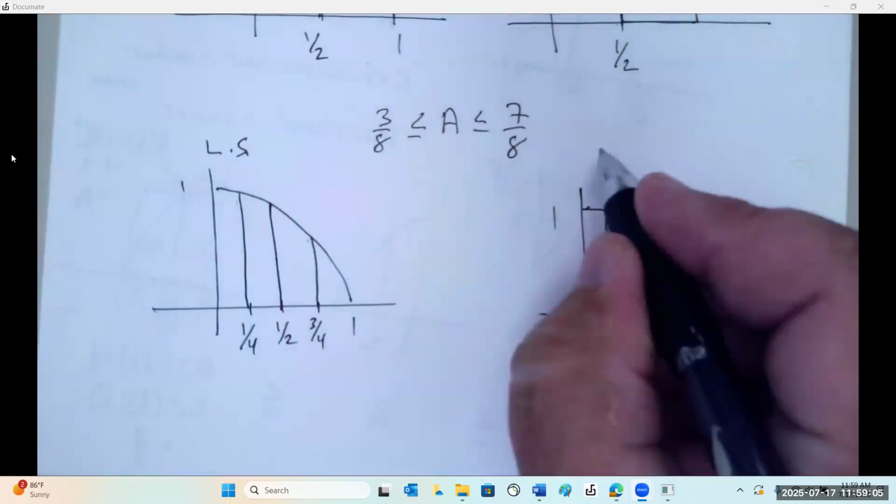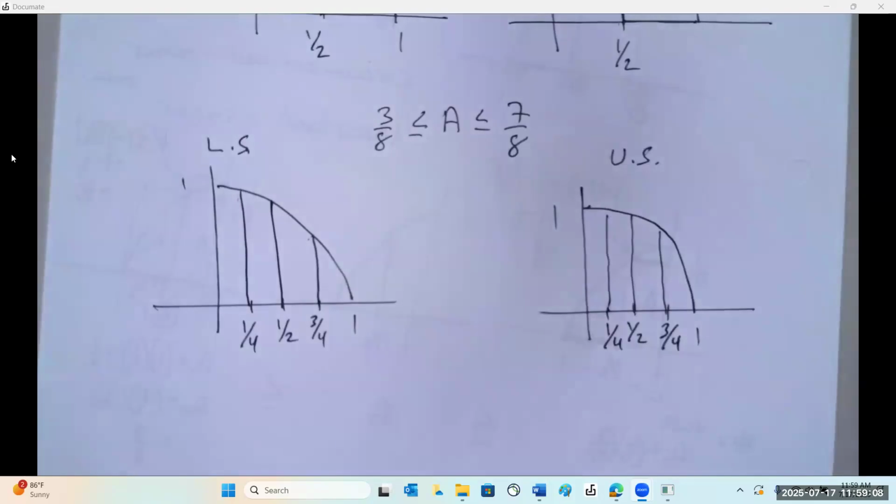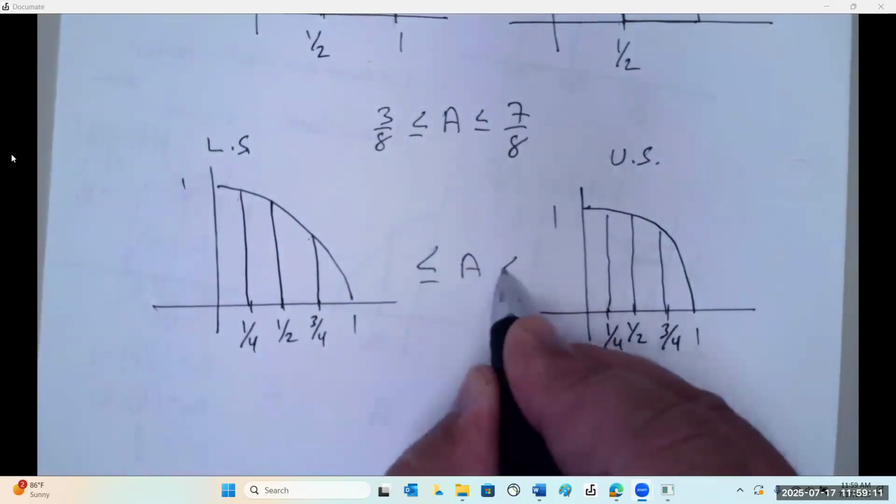This is our lower sum. This is our upper sum. Because we're going to know that our area is somewhere between there.